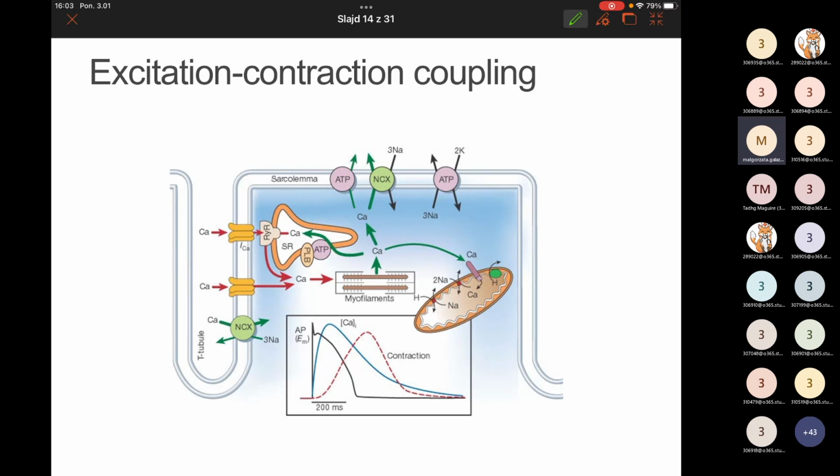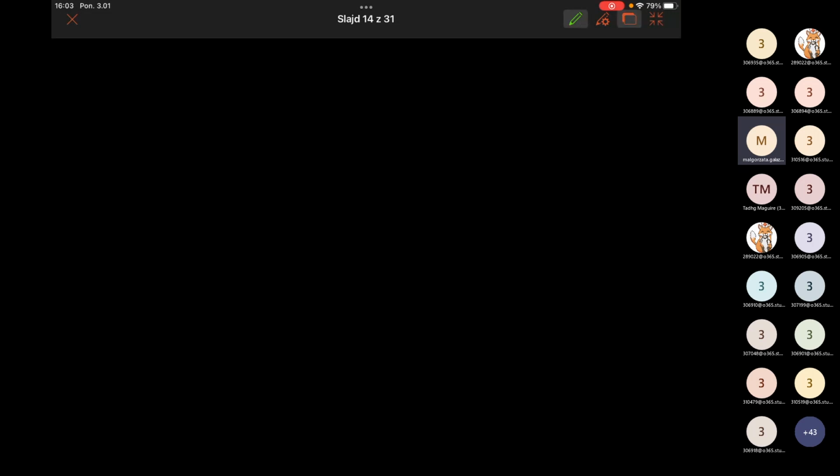As we discussed during skeletal muscle physiology, excitation contraction coupling is responsible for the contraction of the muscle cells due to cross-bridge formation. In case of heart muscle, the excitation contraction coupling starts a bit differently compared to the skeletal muscles. Why?